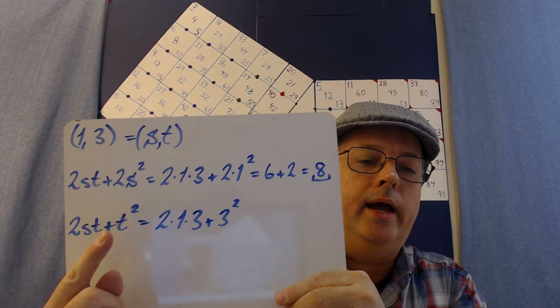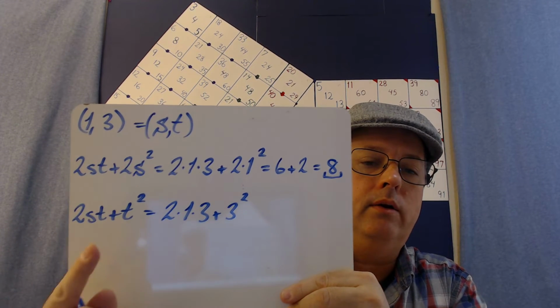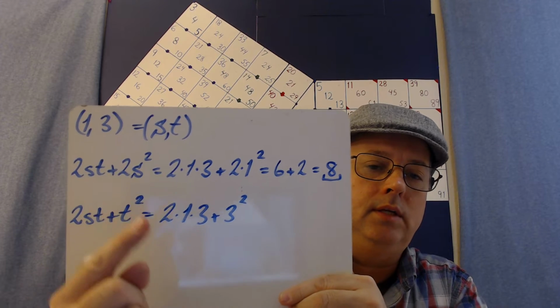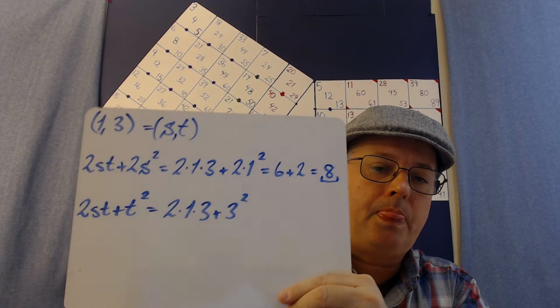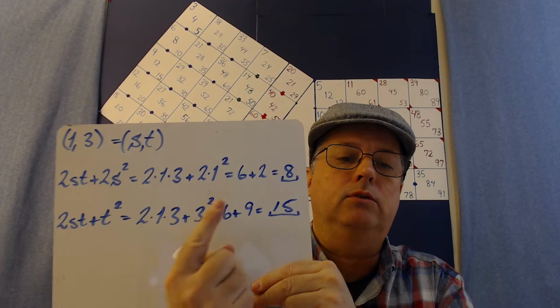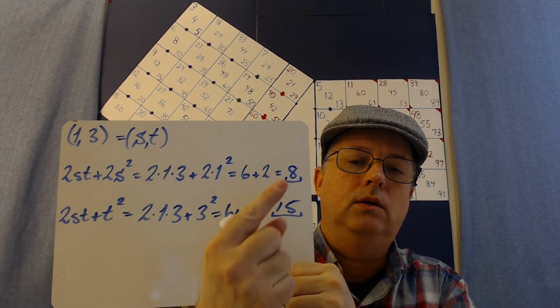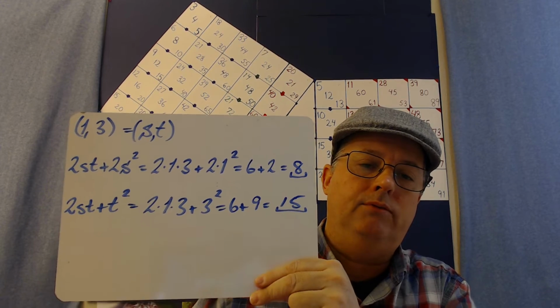Okay, so s and t are 1 and 3 there, and so we have 1 times 3 times 2 there, and then the t value, 3 squared. And so now then we have 6 plus 9, that's 15. Okay, so the 3 squaring is giving us 9, and this is 6 here, and that gives us 15. So we have 8, 15, and you're expecting the next one to be 17.